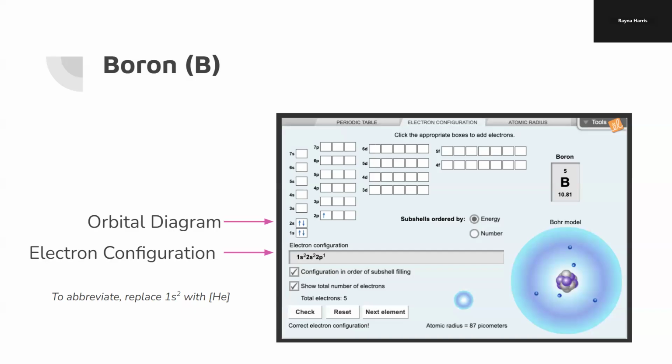I just wanted y'all to be able to see that they map directly onto each other. So this is the noble gas configuration. If you want a new sheet, you can do a new sheet, or you can just cross that out and do it.